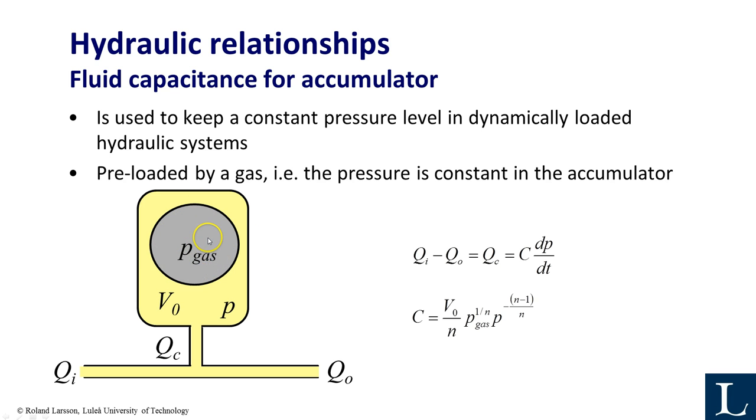It's preloaded by the gas pressure, so you may say that the pressure inside here is constant. Then you can find the relationship between the flow into the accumulator and out into the outlet, and this relationship looks like that. It can also be useful from time to time. Note here that n is the polytropic index, and we may assume that it's 1.4 here.